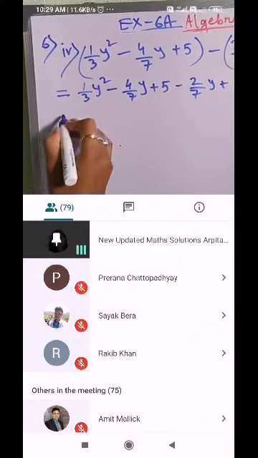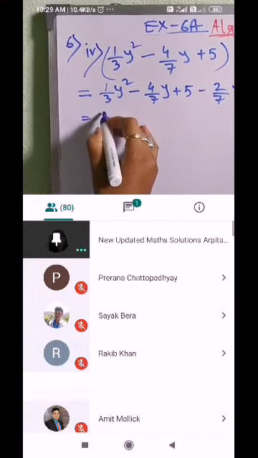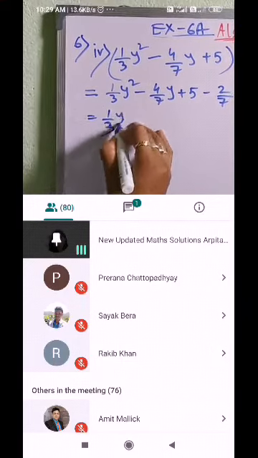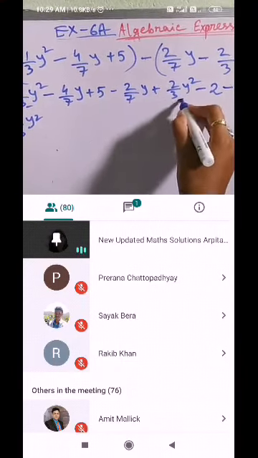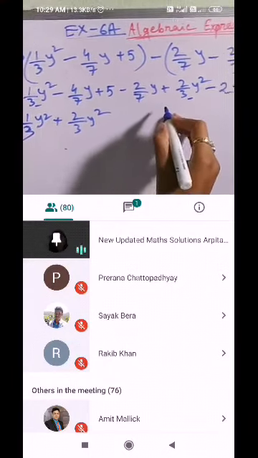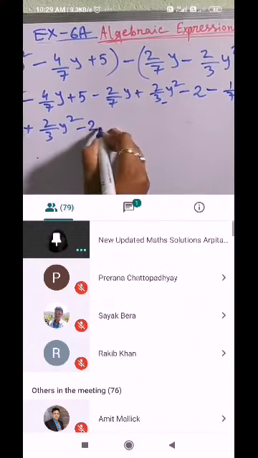Then same process, same variable terms we have to jot down. That means 1 by 3 y square, then y square term plus 2 by 3 y square, then last one minus 2 y square.